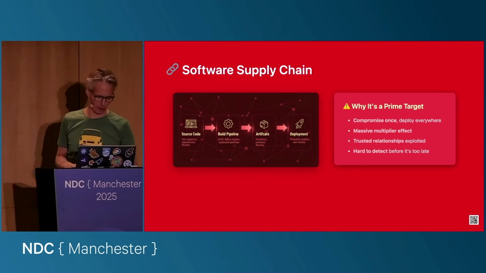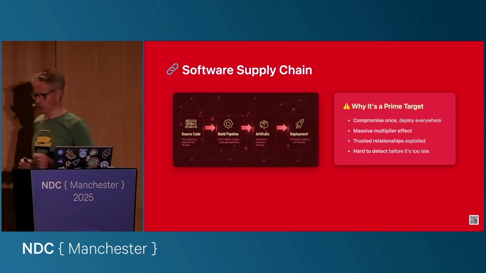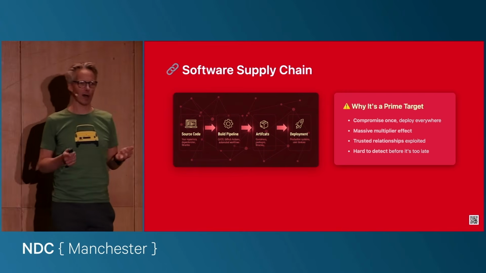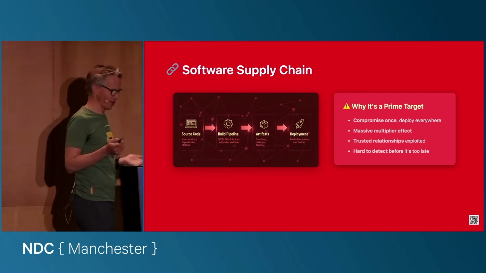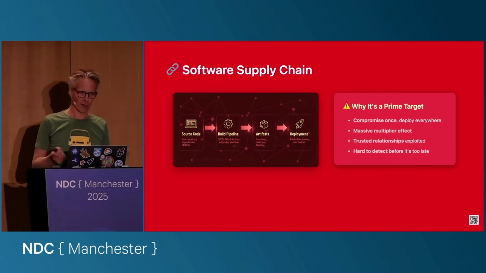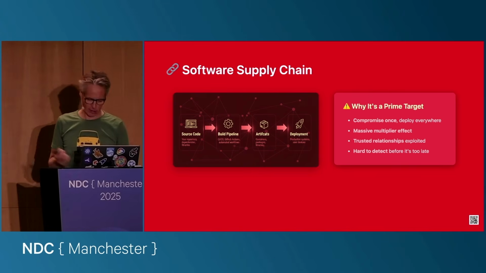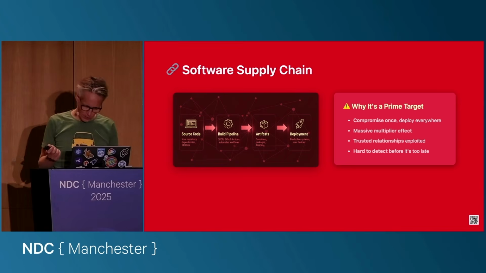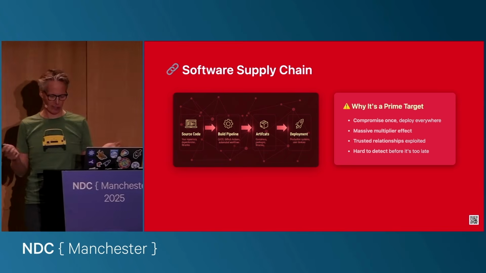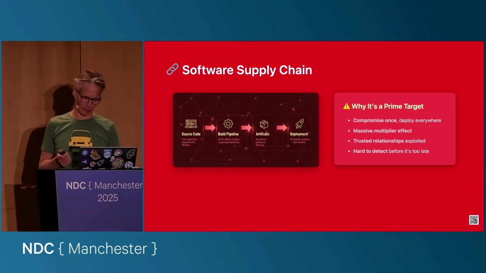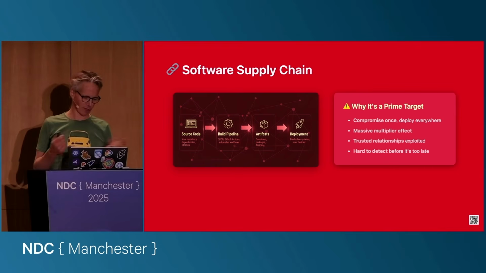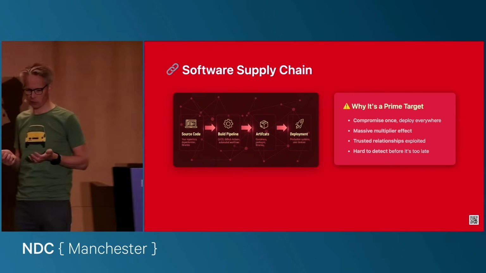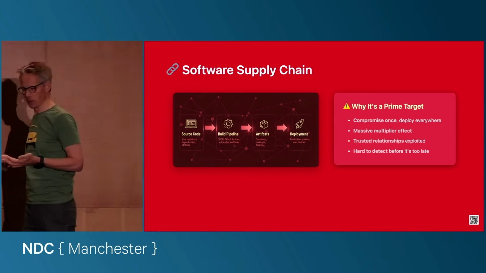So let's continue with the software supply chain. If you look at it in a very basic way, you could say it's source code, a build system, our artifact, and what we deploy. And what we see over the last years is, of course, that this is an interesting attack vector. Things can go wrong. If you are able to manipulate the source code, you may get into the system.